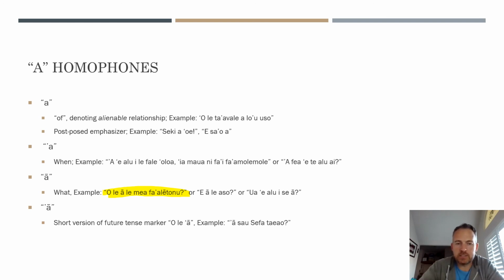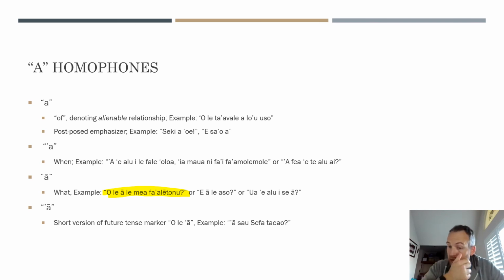Literally, "o" is the introductory particle that we learned about, so it is the what, the thing that is not right. "O le a le mea," what is the thing? And fa'ale tonu is just a modifier of mea, the thing that is not quite right. It just means what's wrong, what seems to be the problem.